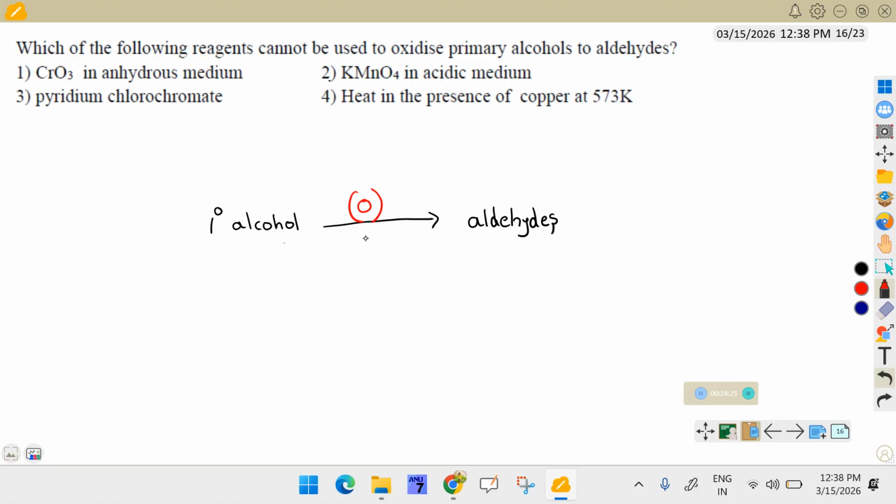Partial oxidation is possible in the presence of PCC or PDC or CrO3, even catalytic dehydrogenation, copper at 573 kelvin. In the presence of KMnO4, it gives a carboxylic acid as a product. So KMnO4 in acidic medium cannot be used.